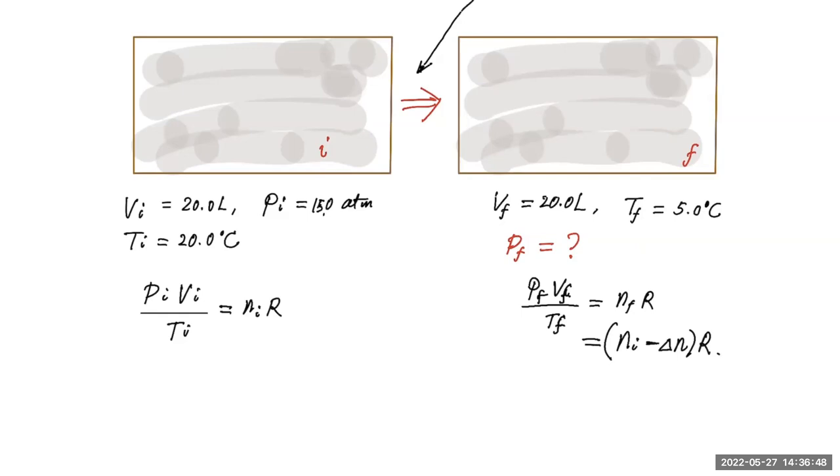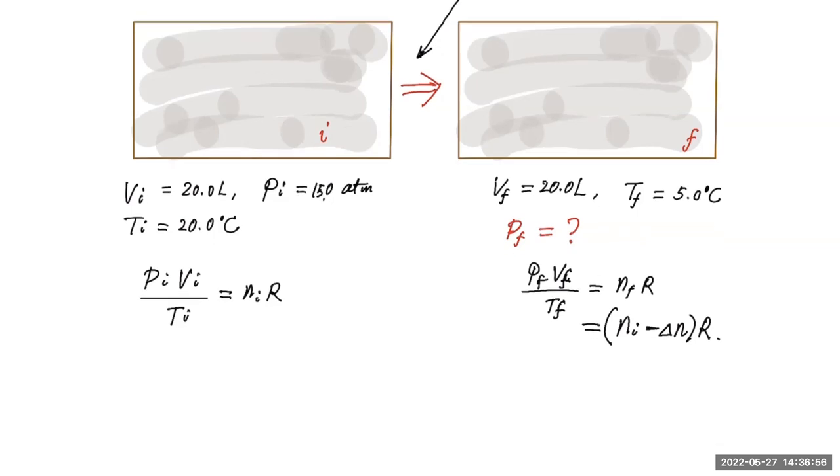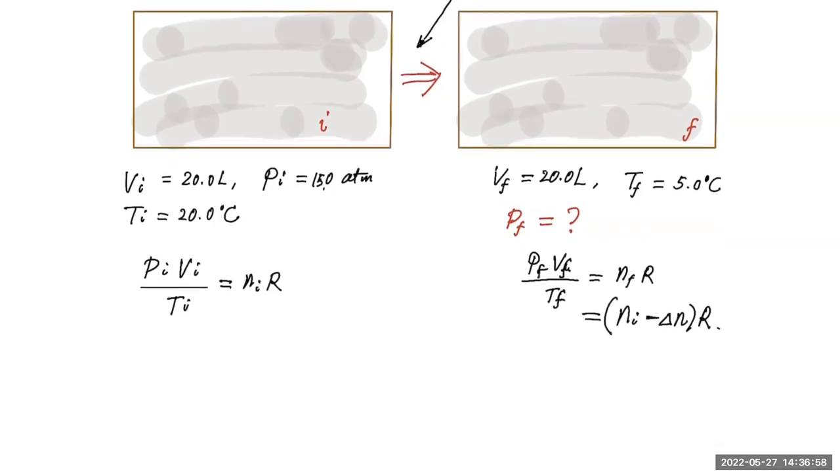Now, what you need to do is find N initial and delta N, and then you can go ahead and solve for P final. What is N initial equal to? Well, that's given in this expression right here, because we can solve for N initial.